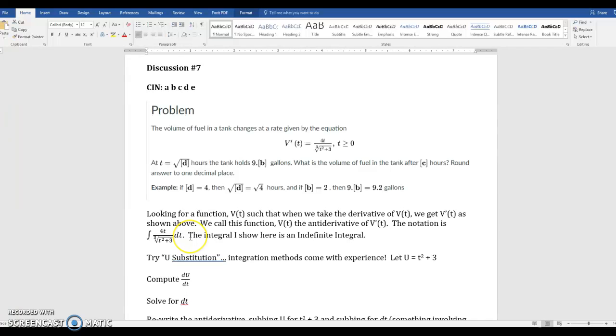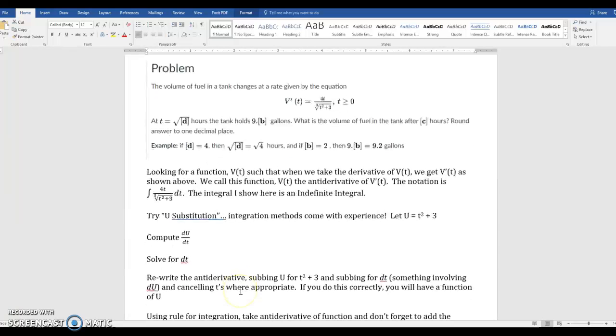There are two types of integrals: indefinite integrals, which I show here, and definite integrals that you'll see later. A definite integral would have a value at the bottom of the integral symbol and one at the top, to say that we're integrating over a certain range of the domain of this variable. But in this case, we're just looking for the general form of this function.